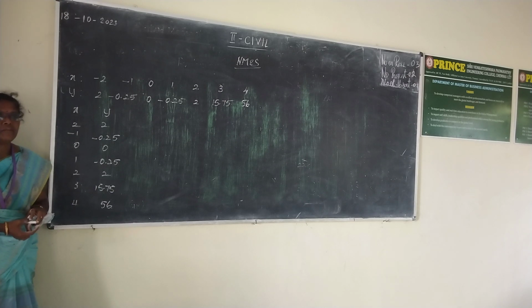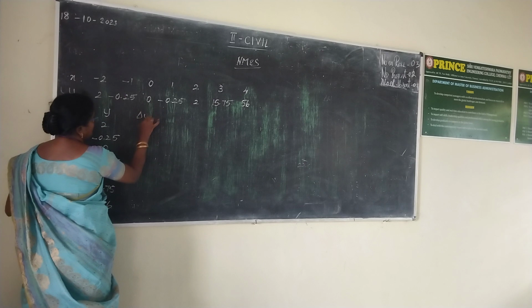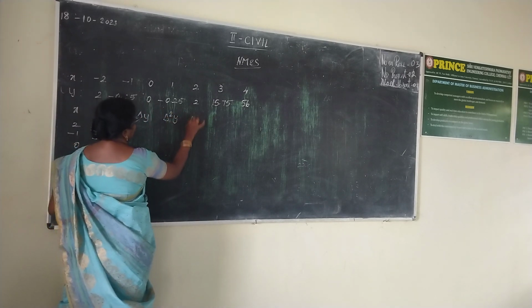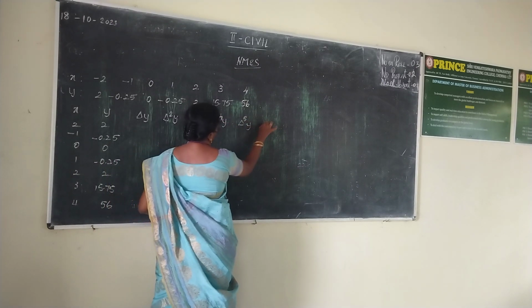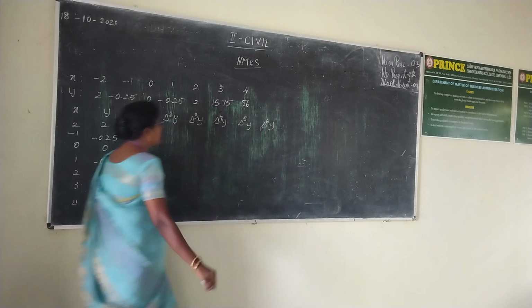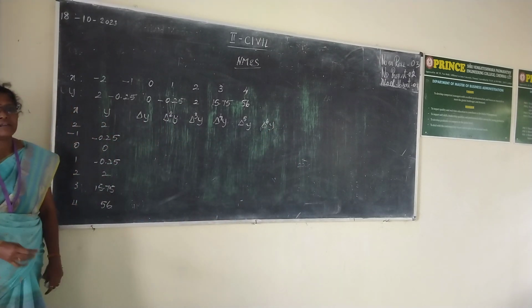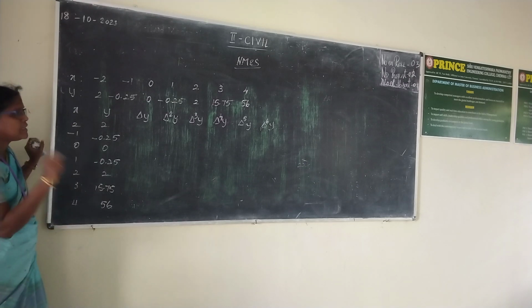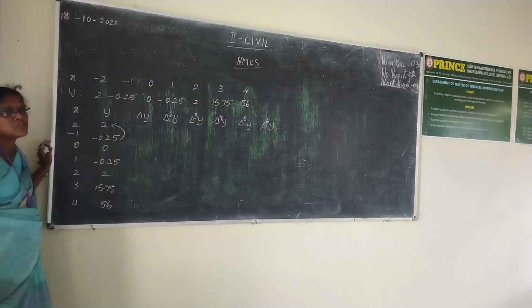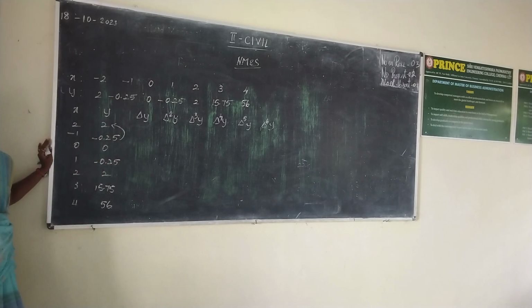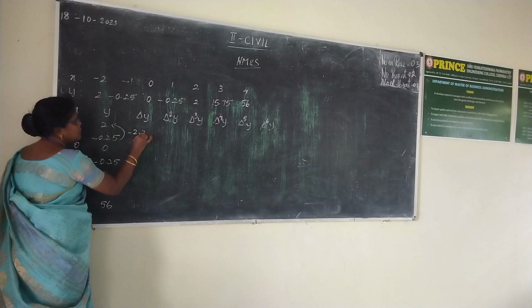How many x values are there? 7. So 7 means how many differences can you find? 6. Do the minus and plus signs carefully. -0.25 minus 2 is -2.25.